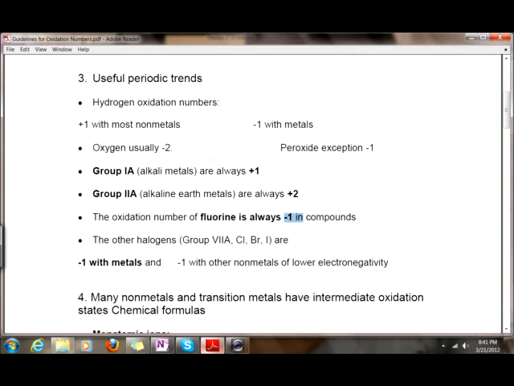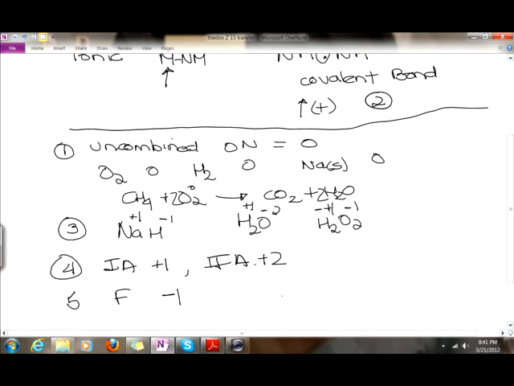And then finally, halogens, when combined with metals, are -1. We'll see when they're combined with non-metals, because then the charge varies. So chlorine, bromine, and the rest are always -1 when they're combined with metals.